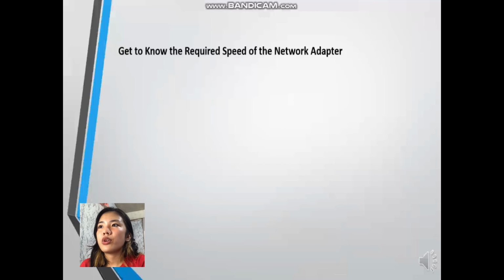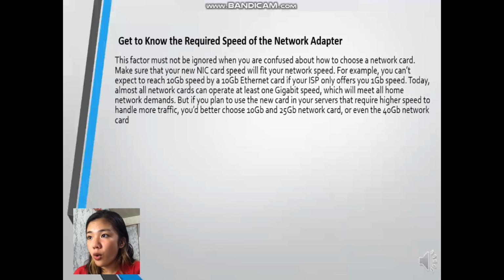So, next one. Get to know the required speed of the network adapter. This factor must not be ignored when you are confused about how to choose a network card. Make sure that your new NIC speed will fit your network speed. For example, you cannot expect to reach 10 GB speed with a 10 GB Ethernet card if your ISP only offers you 1 GB speed.